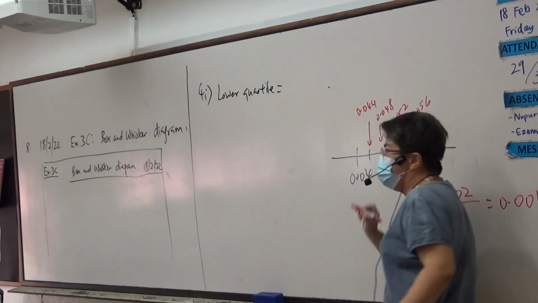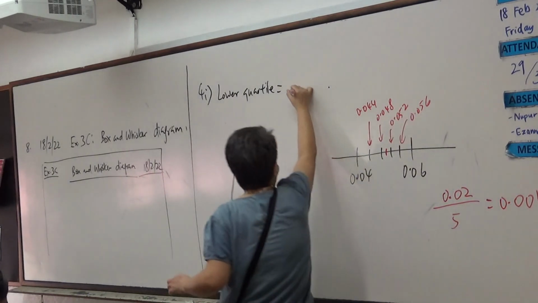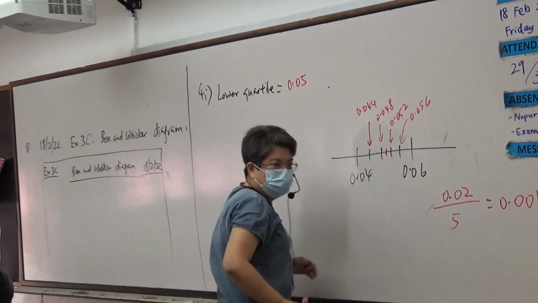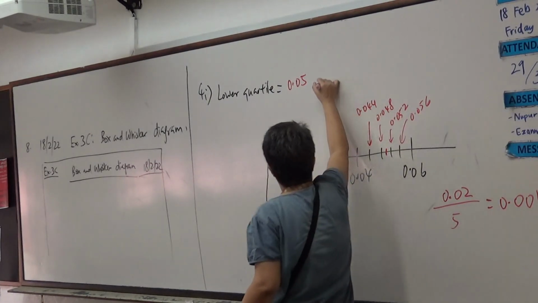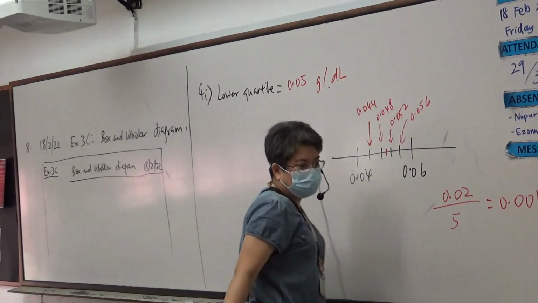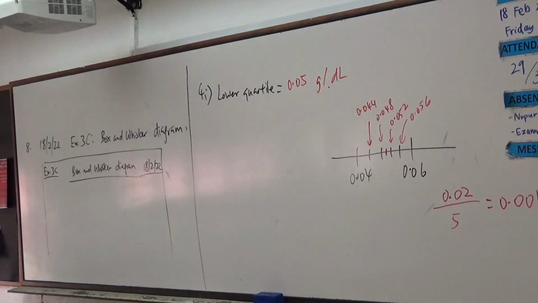Can you see it's in the middle? So it's just what? 0.05, right? Middle. Correct now. So gram per deciliter must have units. Is everyone clear? Okay, next part.